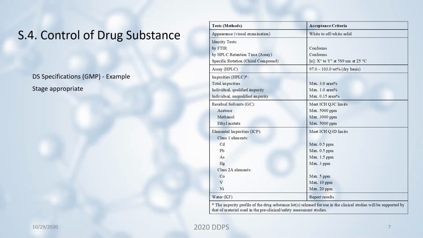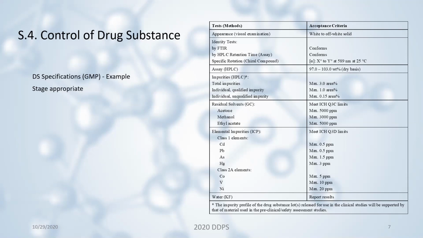For the first one, appearance, that's straightforward. For identification, you can have FTIR and HPLC retention time. These are QC-friendly tests. As I said, some people file NMRs, but NMR you just need to do once in your compound characterization.